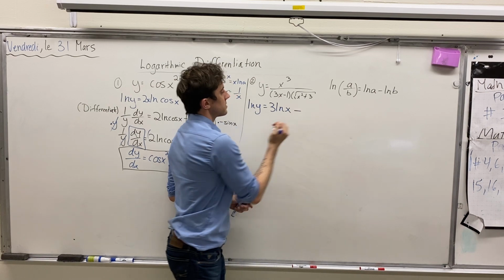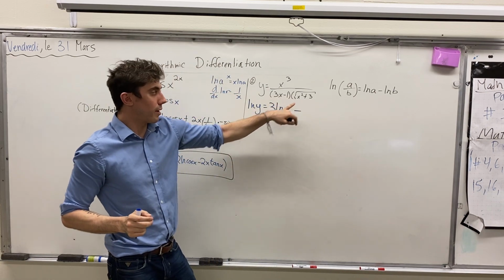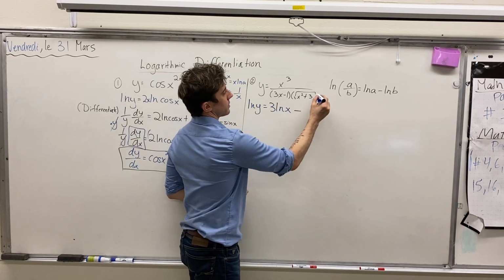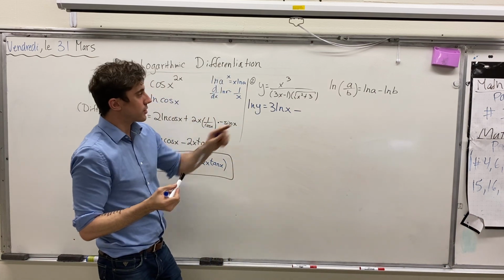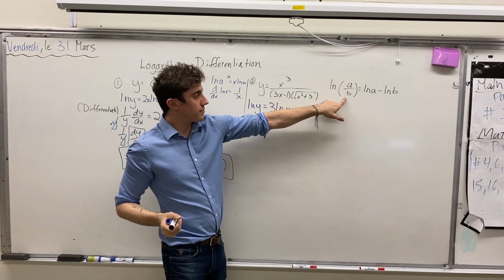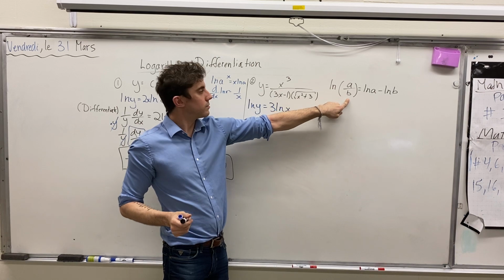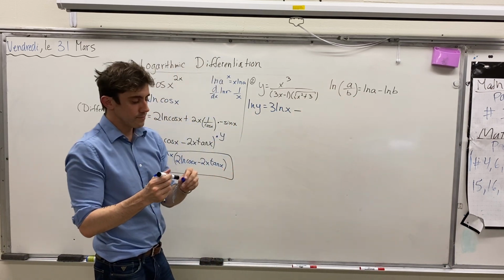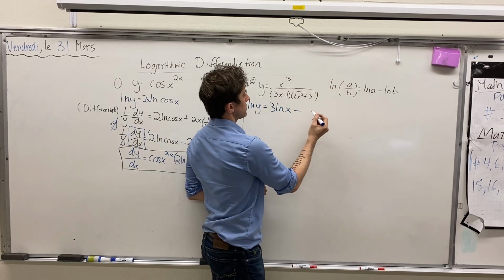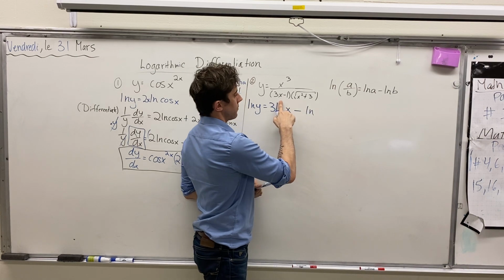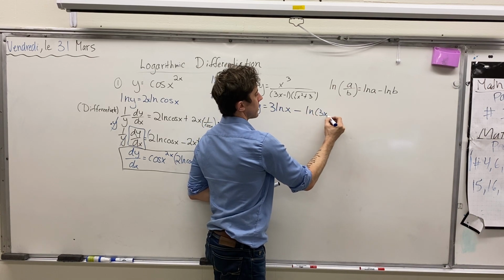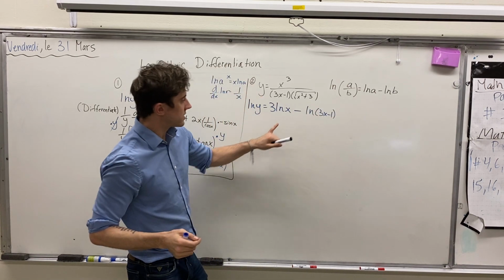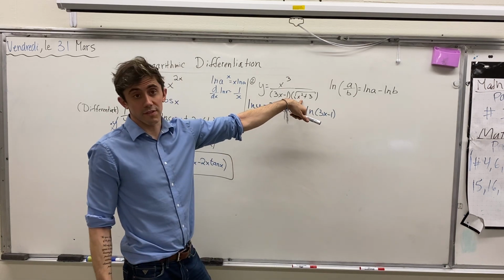And then minus, since these two functions are on the bottom, sorry, there should be another bracket here. Since these two functions are at the bottom, they serve as the b in this rule, and so we're going to subtract them, okay? And so we'll have minus the ln of the first part, 3x minus 1, and then similarly minus the ln of the square root of x squared plus 3.